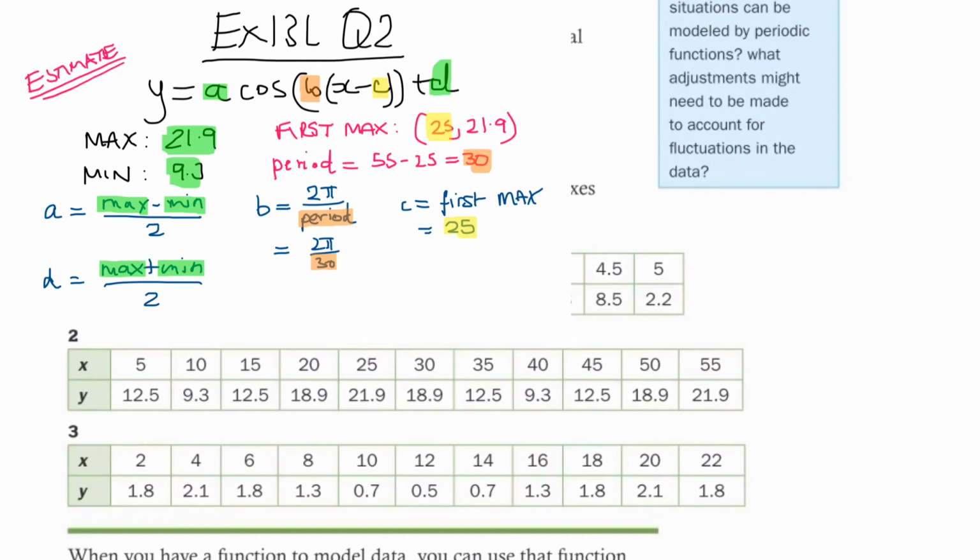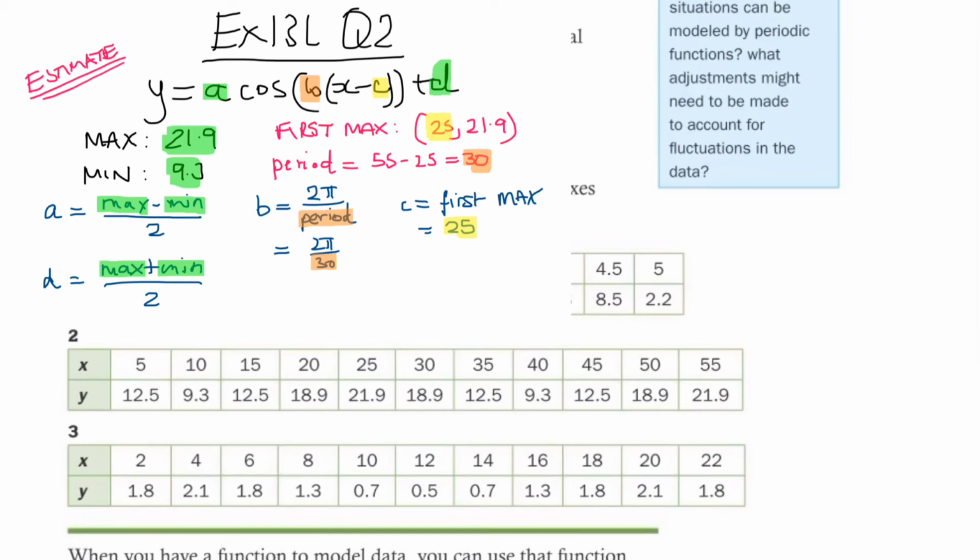How do I get the B? Well, the B part is the number of cycles. So if you think about the period, B is equal to 2 pi over the period. If I look here at 25, the maximum is 21.9.